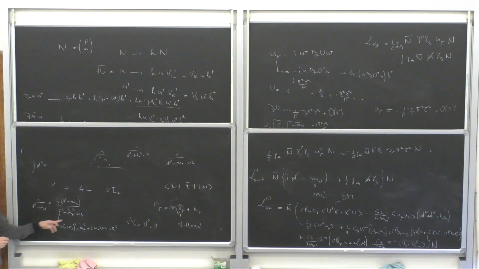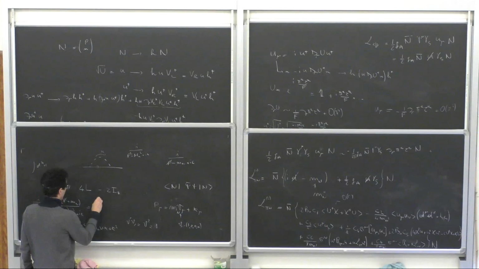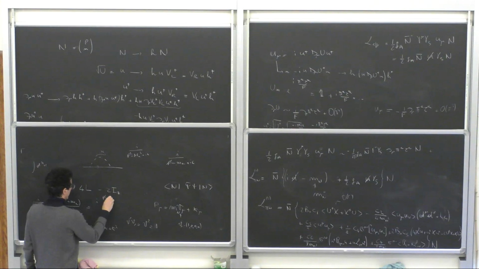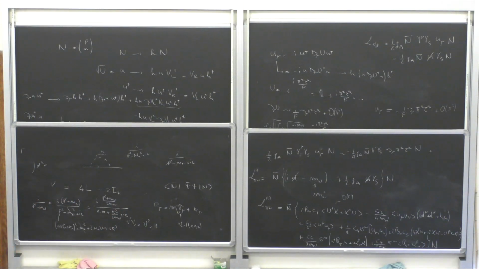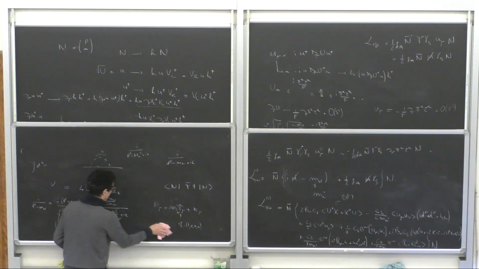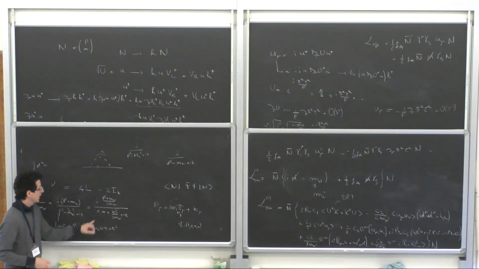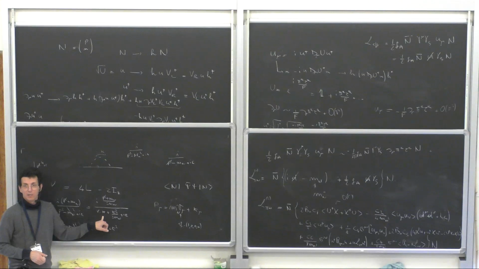So we have that the nucleon propagator is equal to i times (p-slash plus m_N) over twice m_N, divided by (v dot k plus k squared over twice m_N plus i epsilon). This is the expression of the nucleon propagator expressed in terms of soft momenta k.